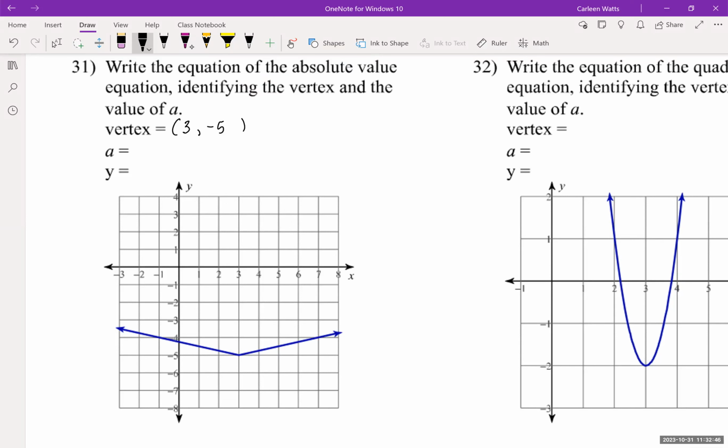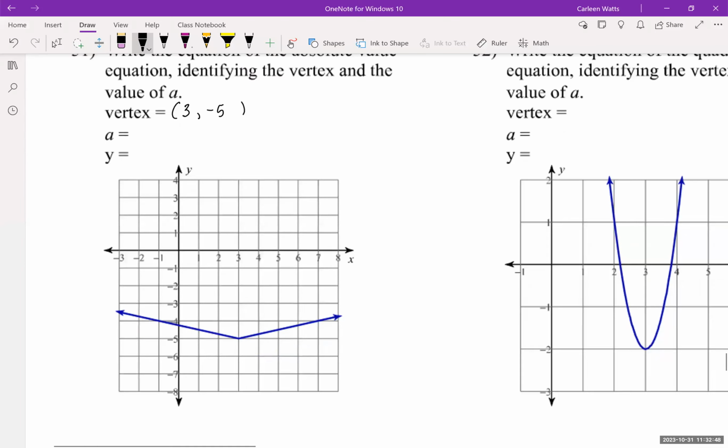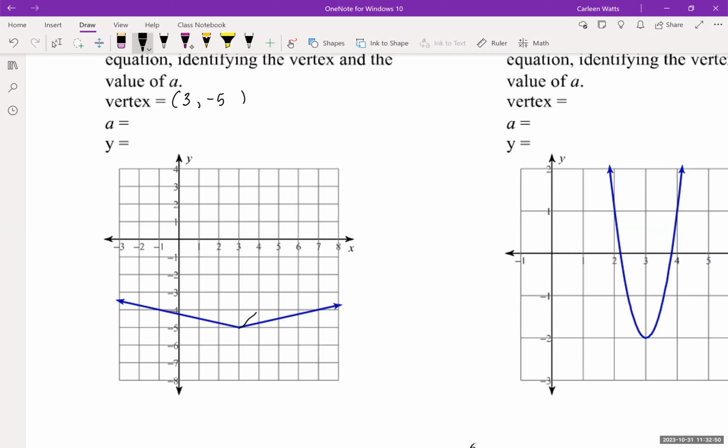Three, -5. Now, can we see that A is a fraction? Because it's not going up by one, it's going up more slowly. Can we see that A is up 1/4, kind of like slope, kind of like y equals mx plus b? So A is 1/4. Okay, so here's the equation.